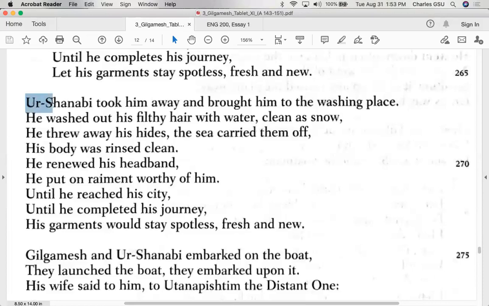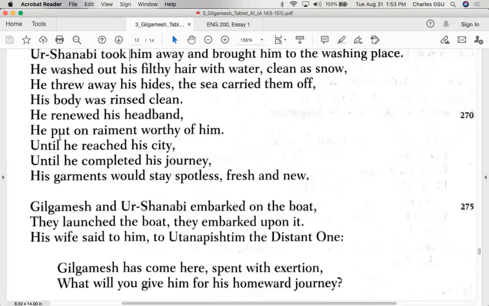So Sanabi was kind of, I guess the closest analog we might have is later in the Greek religion of Charon, who ferries people across from the living world to the underworld along the river Styx.